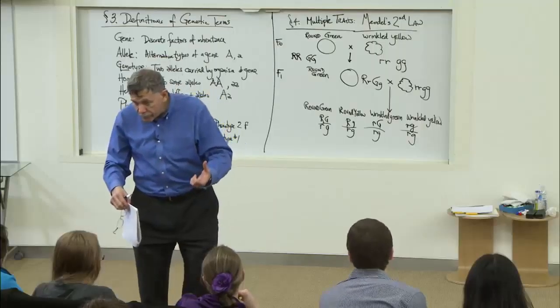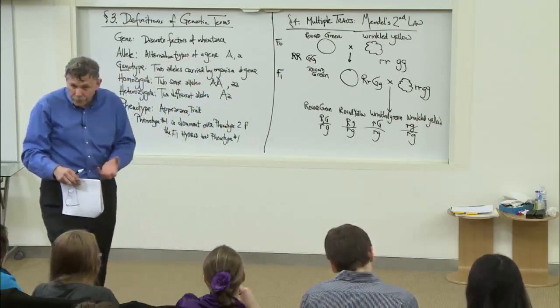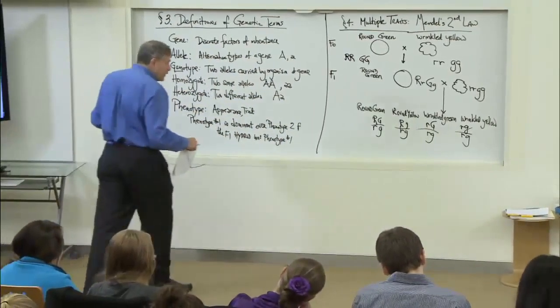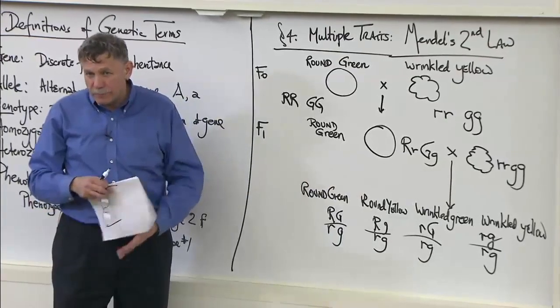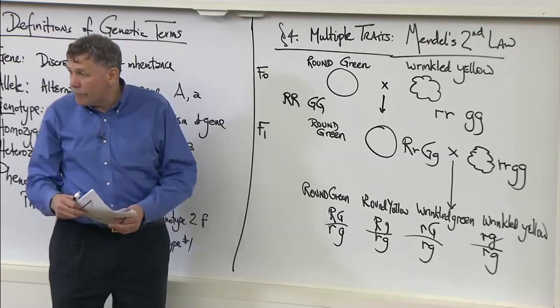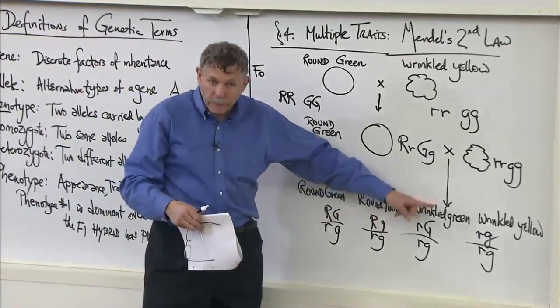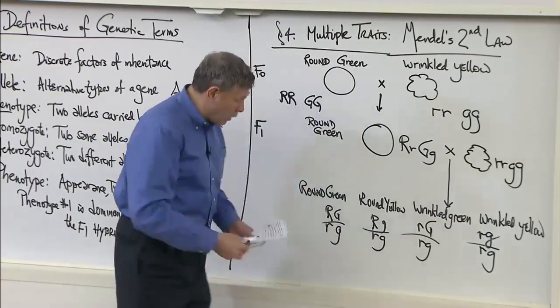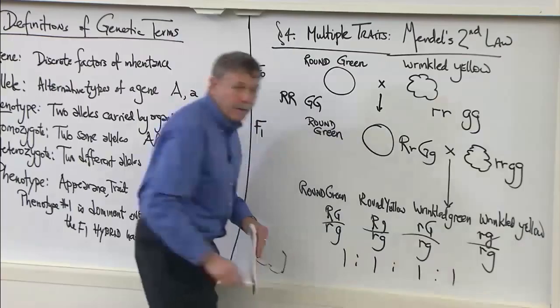It could be that the R's and the G's are somehow correlated. Or it could be that they're independent of each other. If they are independent of each other, what will the ratio be? A quarter, a quarter, a quarter, and a quarter. Or 1 to 1 to 1 to 1.